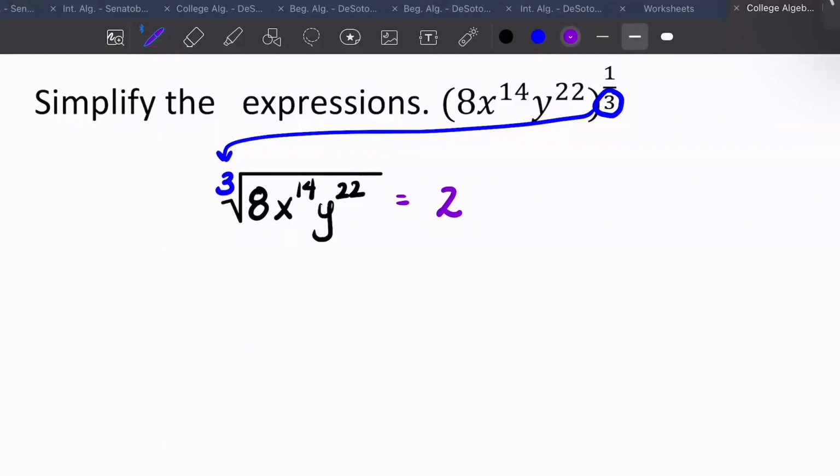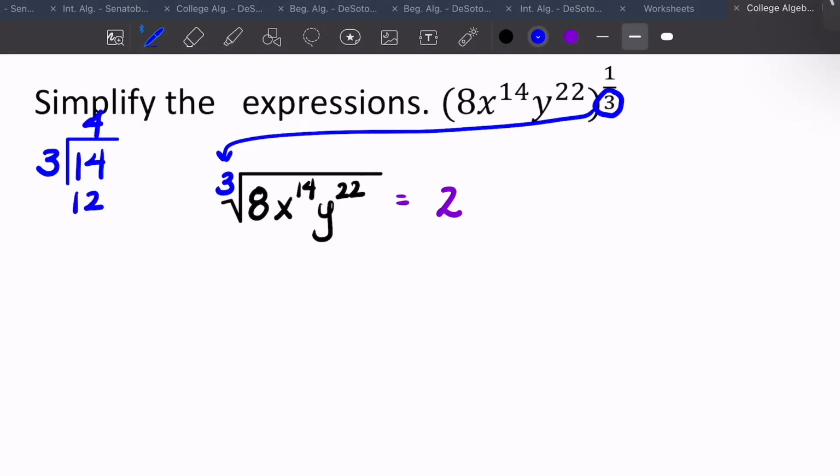Now I need to get x and y outside the house. So I need to divide, just like I did on the previous problem. So for x, I'm going to do 14 divided by 3. How many times does 3 go into 14? A whole number of times, 4.